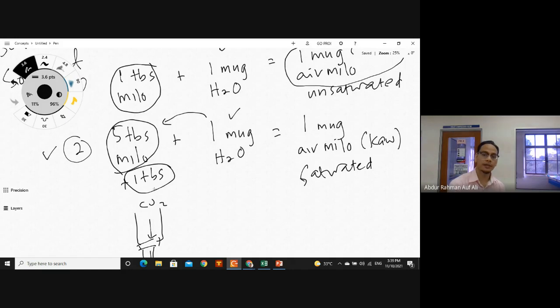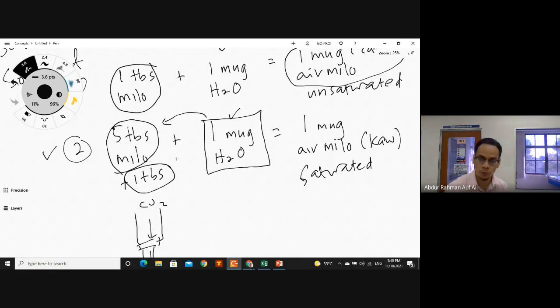Okay, itu maksudnya saturated solution. It contains the most amount of solute that the given solvent can dissolve. So here we have established dalam my example ni, 1 mug of H2O ni hanya boleh larutkan maksimum sebanyak 5 tablespoon of serbuk Milo saja.